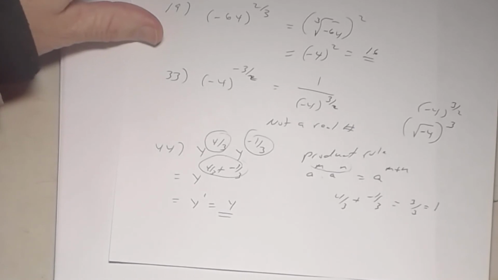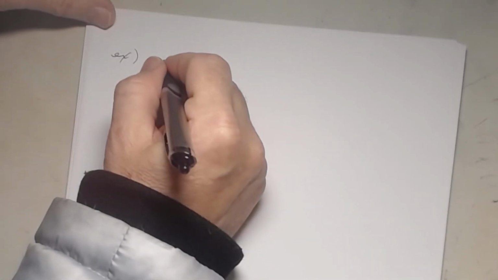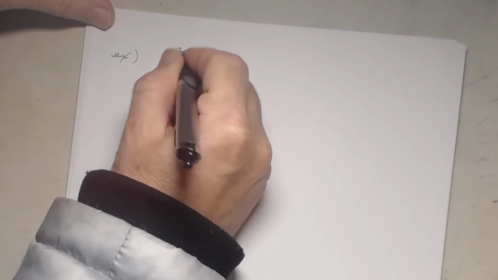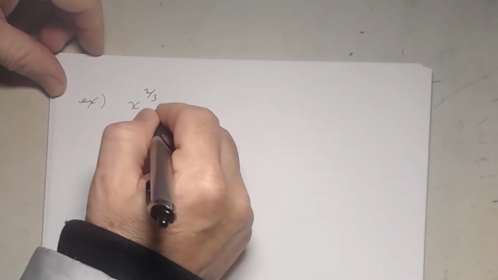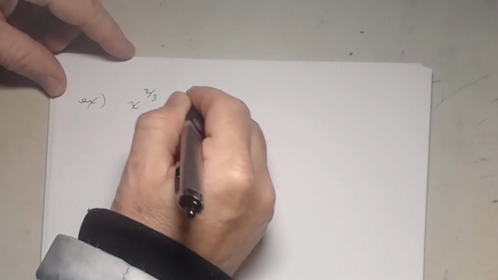Then let's see, what if you had, okay, let's make this an example. Suppose I had x to the 2/3 times x to the 5/3.